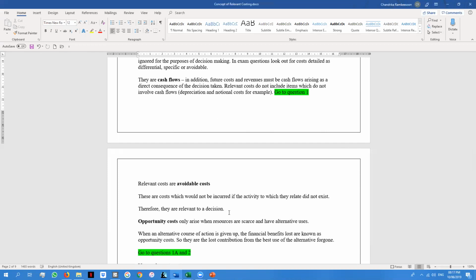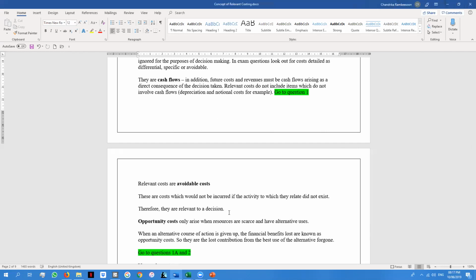Now, as I've been saying repeatedly, the reason why relevant costs are given different names is because it's easier to relate to them in certain specific scenarios. What you will find is that avoidable costs usually refers to a specific decision scenario, which deals with a closure decision, or a cessation decision.